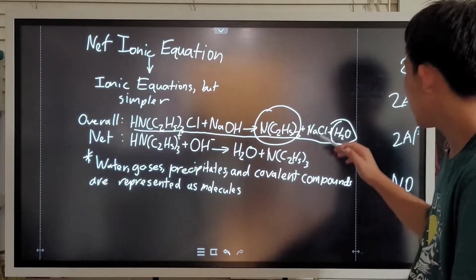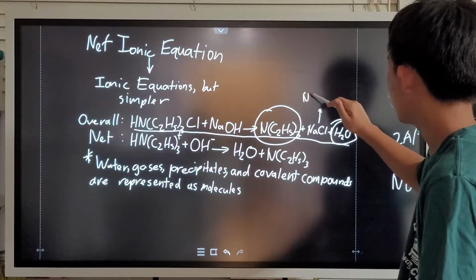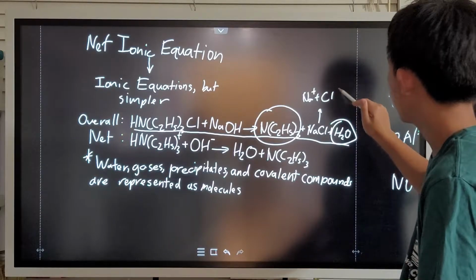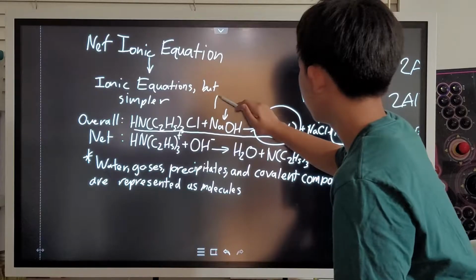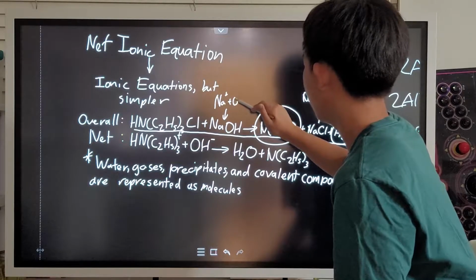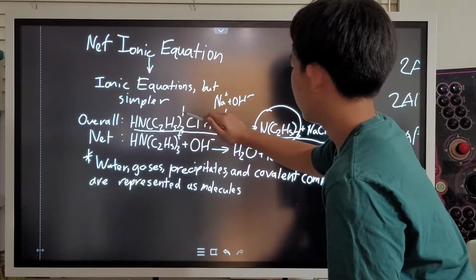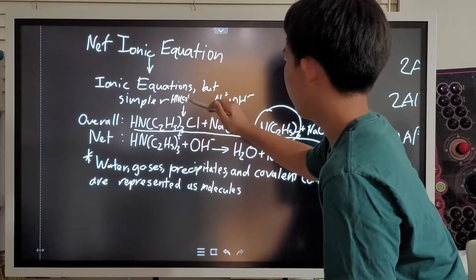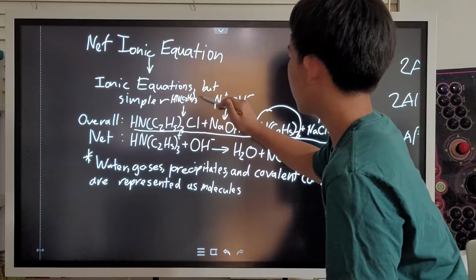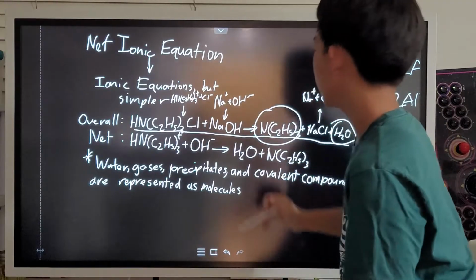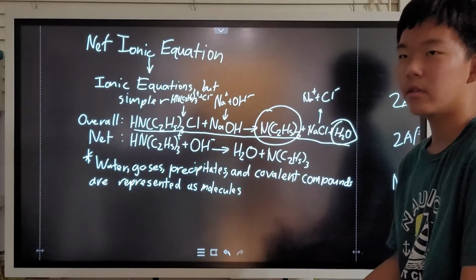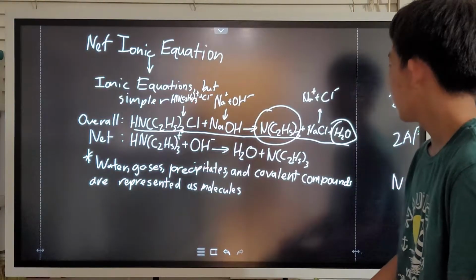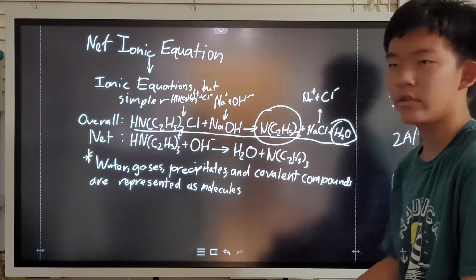However, you can see that because sodium chloride will dissociate into sodium ions and chloride ions, and because this one will just turn to sodium ions and hydroxide ions, and this one will turn to triethylammonium ions and chloride. And because the chloride is still going to be in solution, and the sodium ion, they're still going to be floating around. So, because of that, we're just going to take them out.